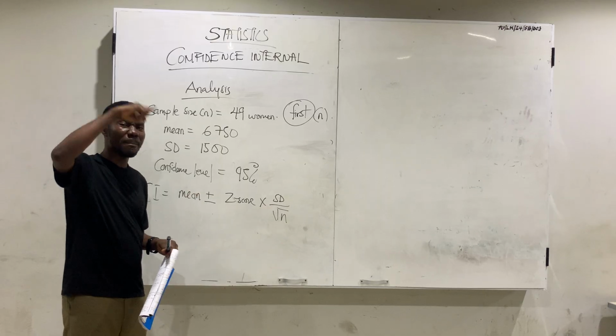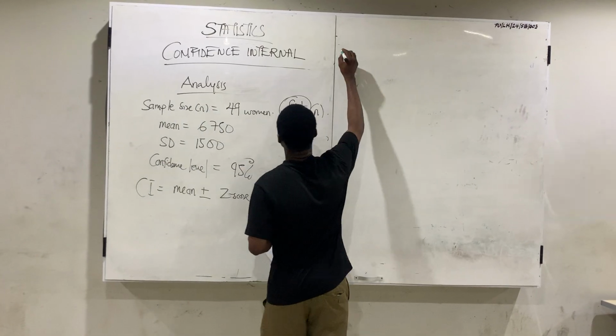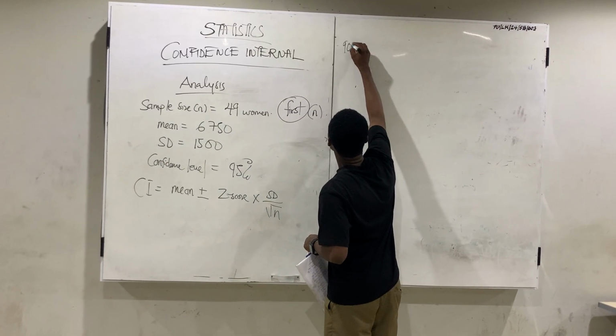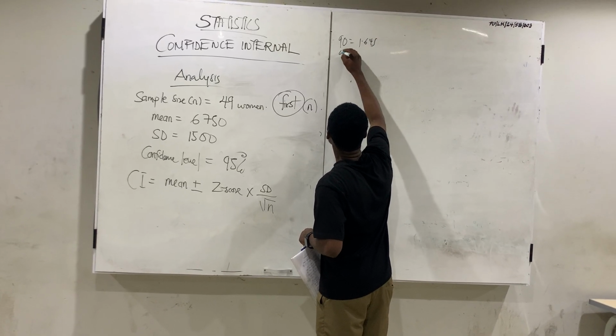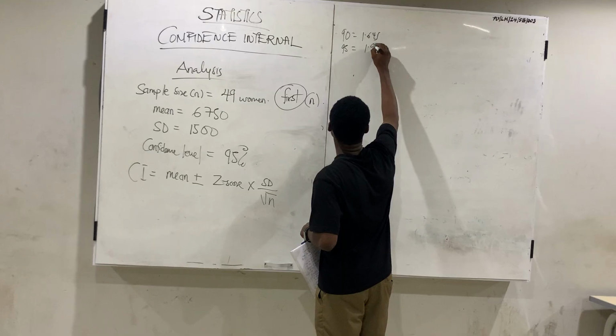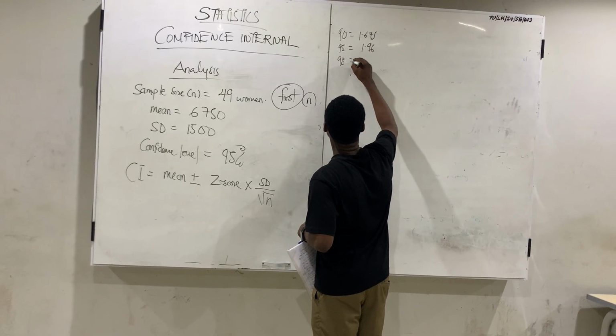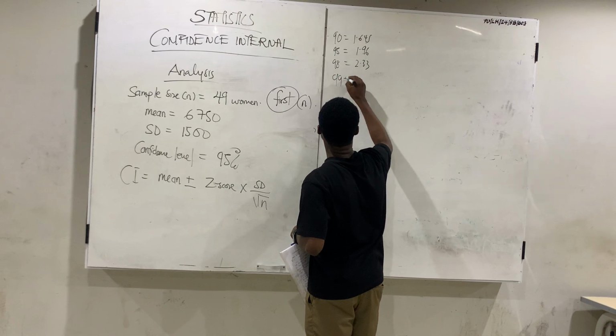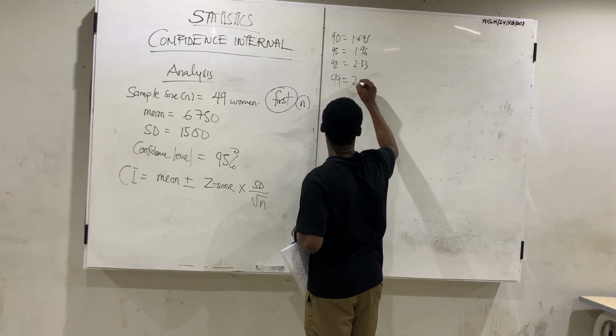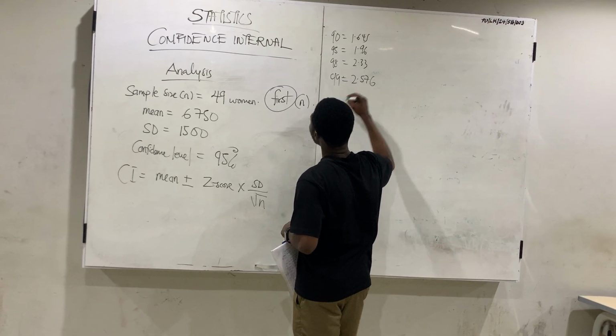Now, then you remember the common z-scores: 90 is equal to 1.645, 95 is equal to 1.96, 98 is equal to 2.33, 99 is equal to what? 2.576.